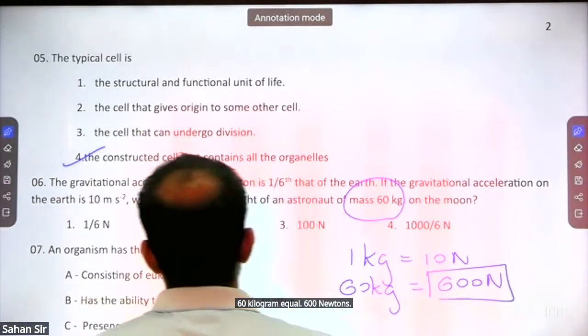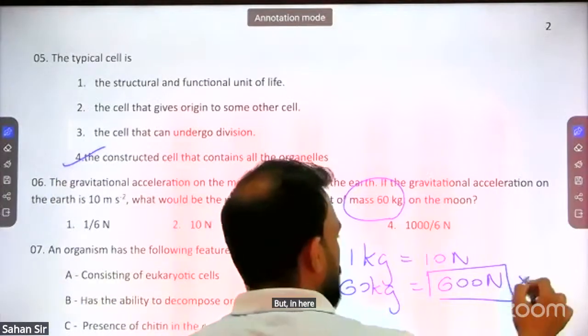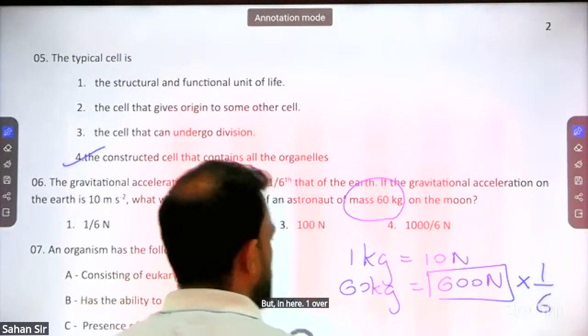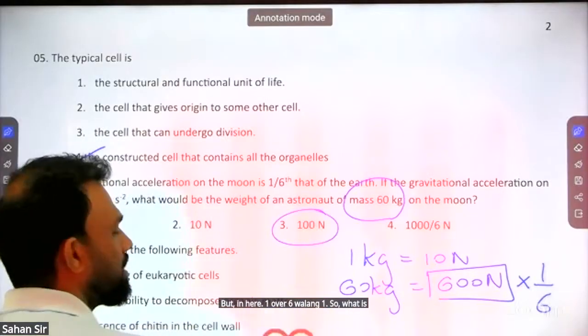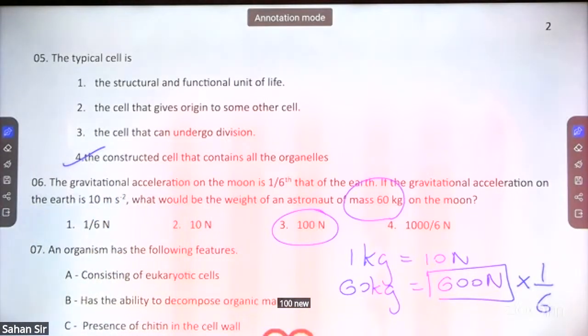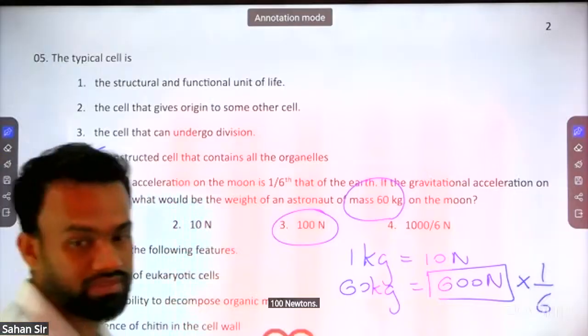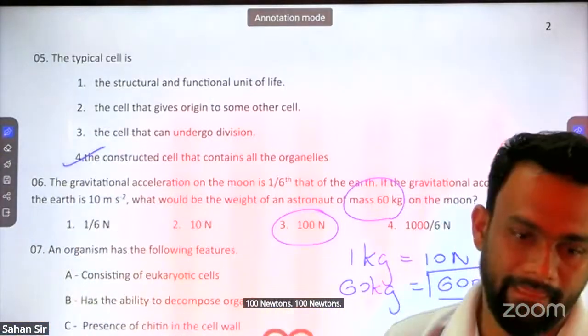But here we need 1 over 6. So what is the final answer? 100 newtons. Is it clear?